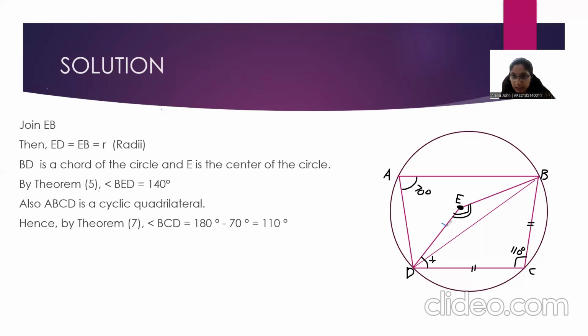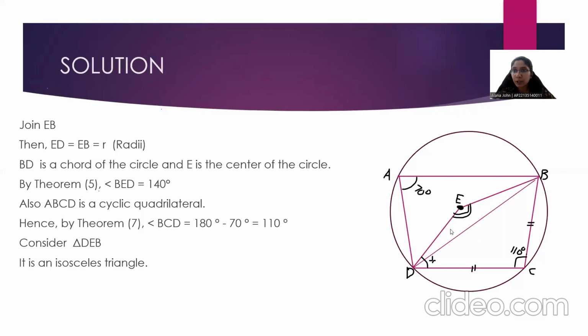ED side is equal to EB side because both are radii. So this triangle has become an isosceles triangle. Clear? Triangle DEB is an isosceles triangle.